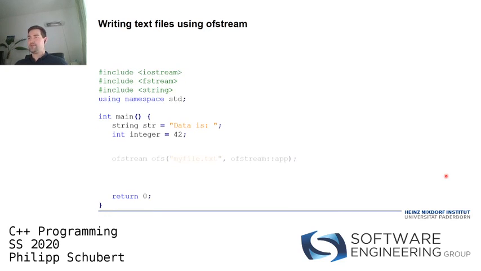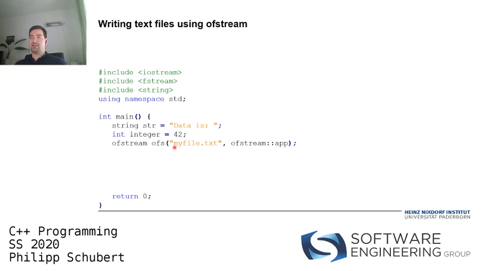What else do we have? We can also add some writing mode. So we have an output file stream again, and we give it a file name. Usually, if you just use the constructor here, and for a second, please ignore that one here, then a new file with that name will be created on your system.